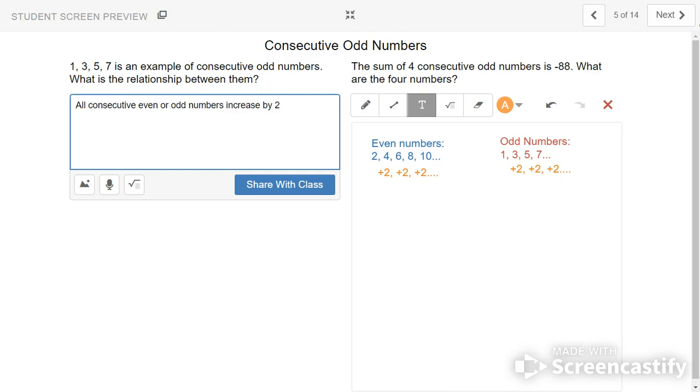So if it increases by 2, I could say let x be the first number. The next consecutive odd or even number is going to be x plus 2. So let x plus 2 be the next even or odd consecutive number. Now, if I wanted to go for the third one, I'm going to have x plus 4.